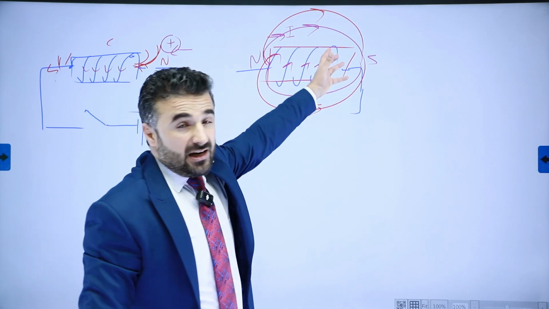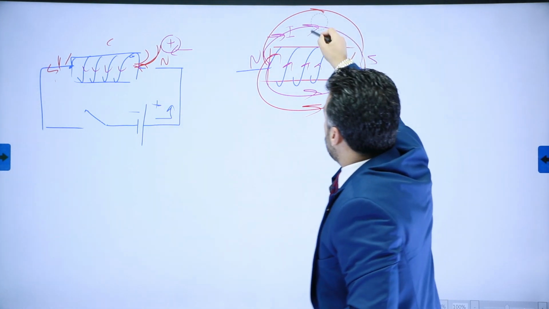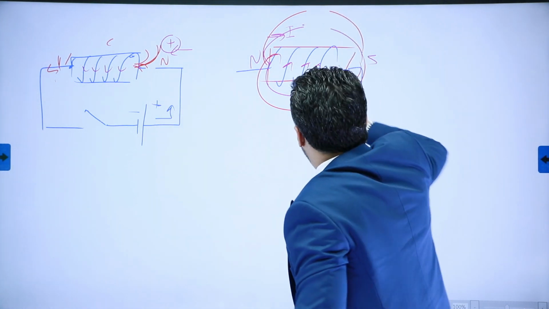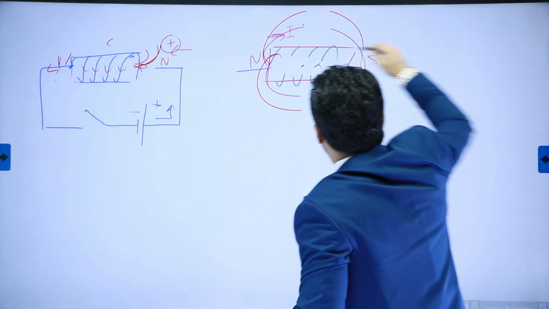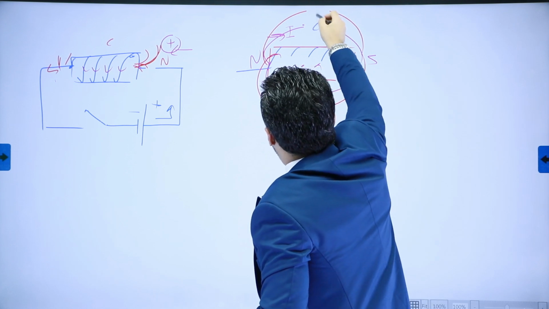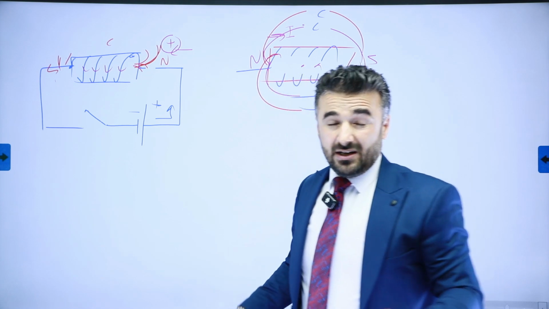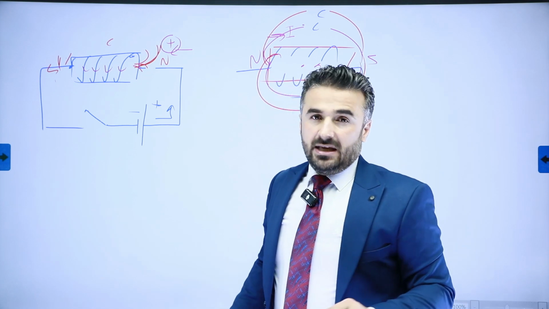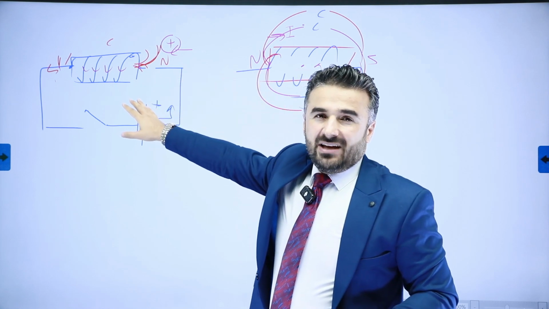Once again, there will be a magnetic field, but the magnetic field, when it is decreasing here, is going to be in the opposite direction to the first one. So you can say the current as well is going to be flowing in the opposite direction. So this is what we get as a result. This magnetic field will add up to this magnetic field, hoping to keep the total the same. This is what we call self-induction.